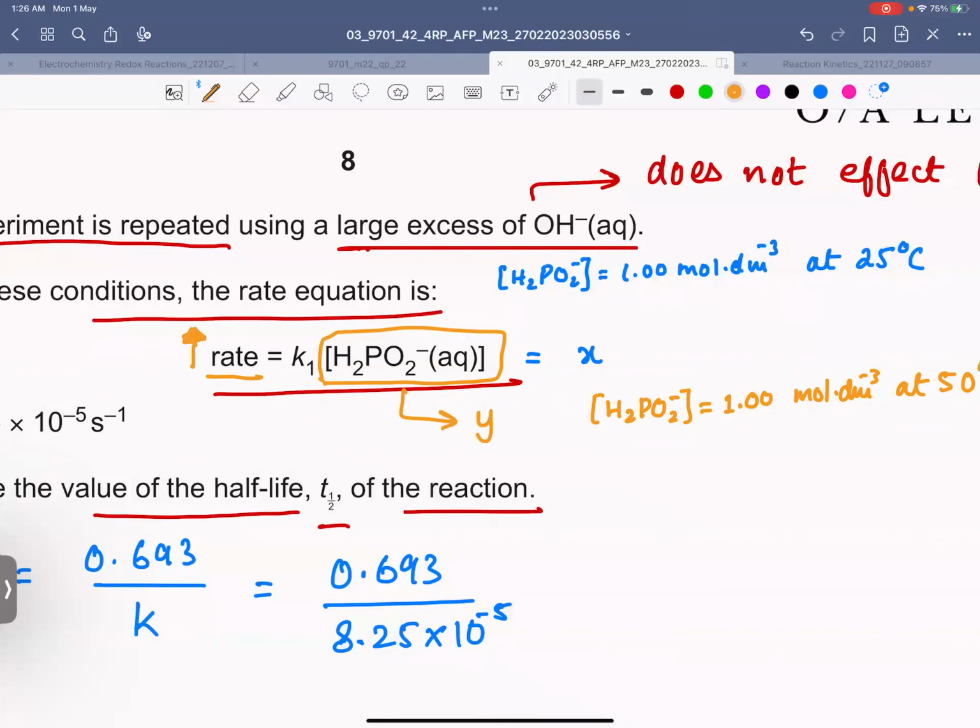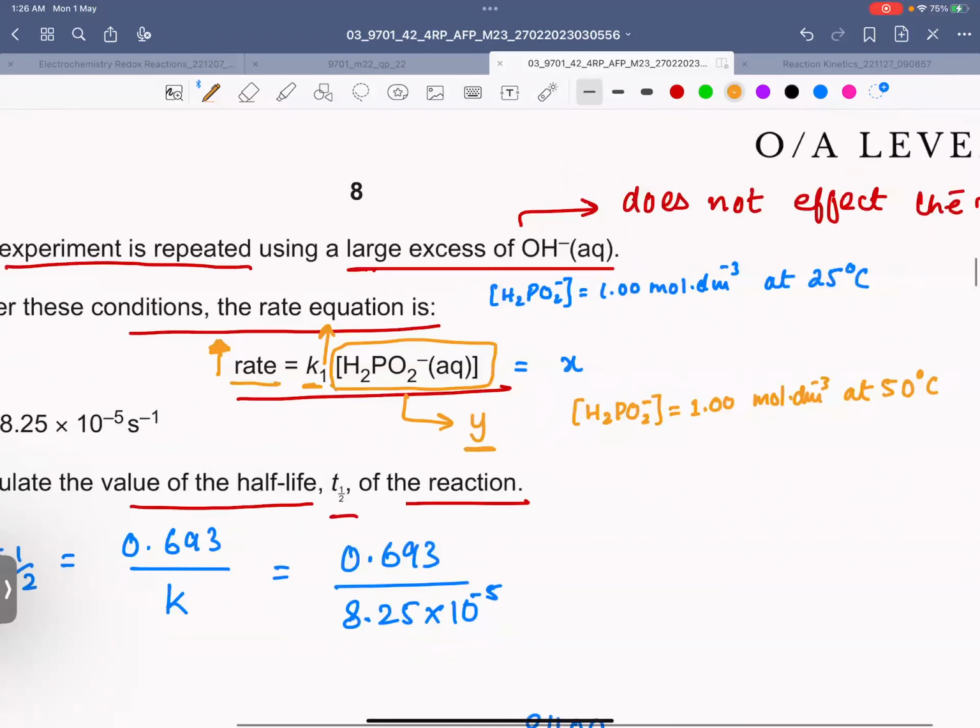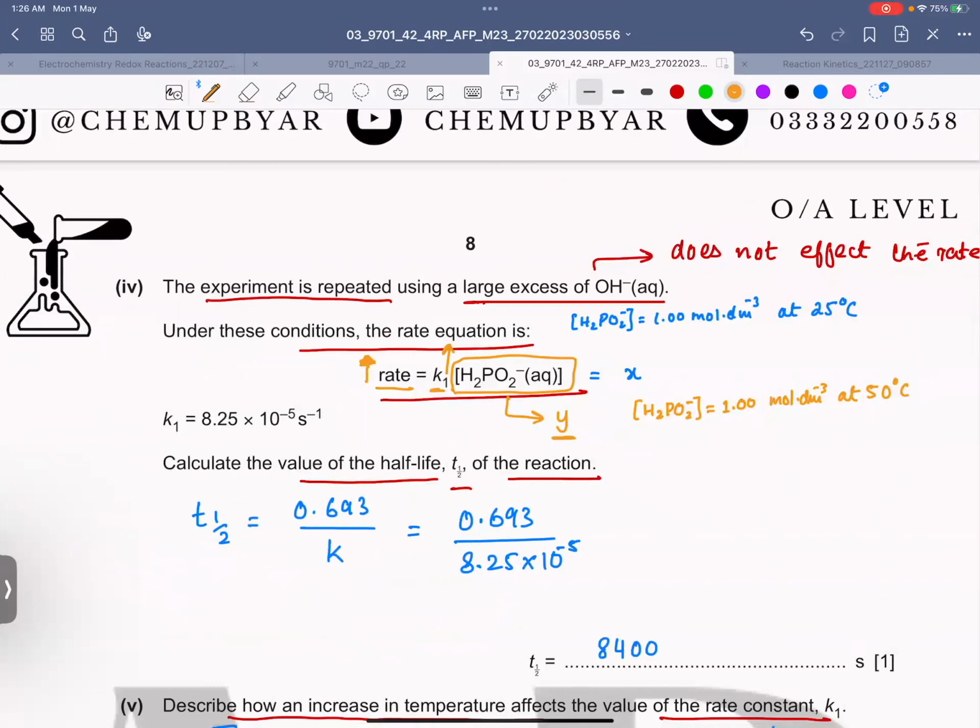Yes sir. So what would actually increase? Isn't it the K that increases? That's why I'm getting a bigger value now. Is this clear? Yes sir, got it. So increase in temperature basically increases the rate constant, and that's why the value of the rate gets bigger at the higher temperature.